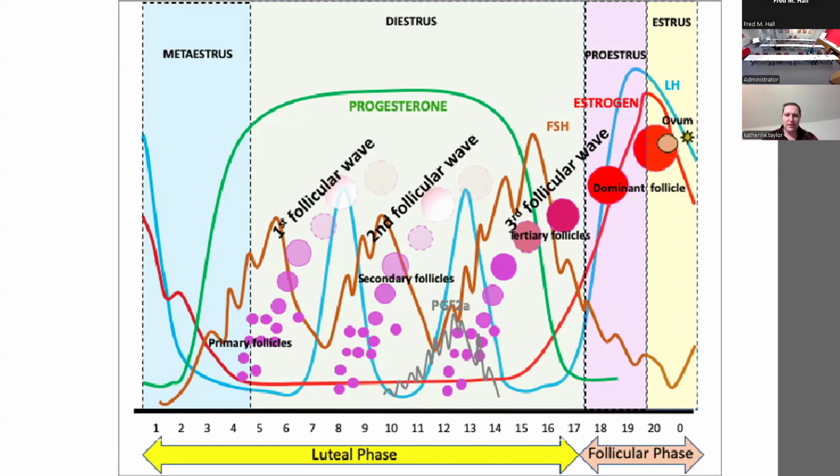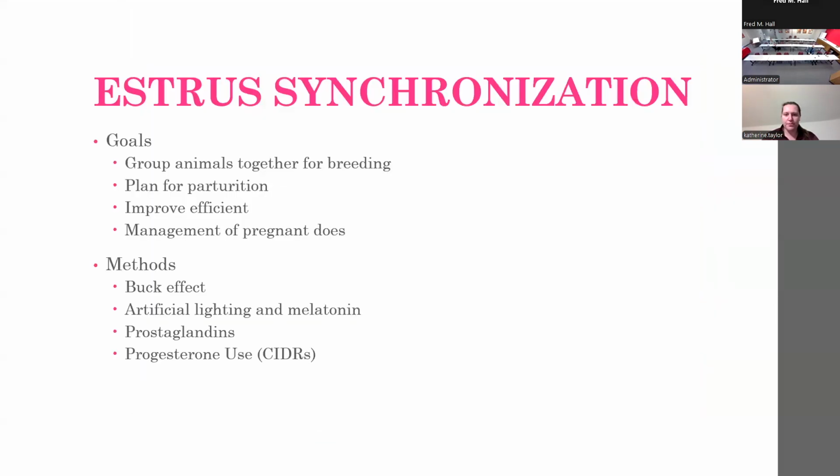So when we take this, we can then use what's going on in the ovary and use that for estrous synchronization for both AIs, for flushing, for embryo transfer, and so on and so forth. So what is the goal of estrous synchronization? We're taking a group of animals and we're syncing them up with their heat cycle and allow them to be bred together.